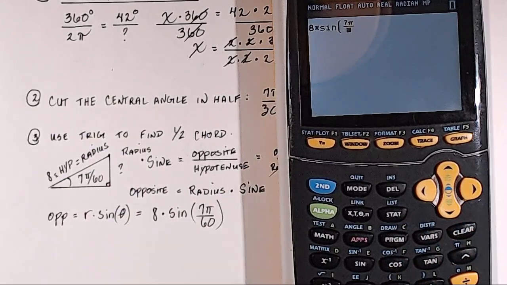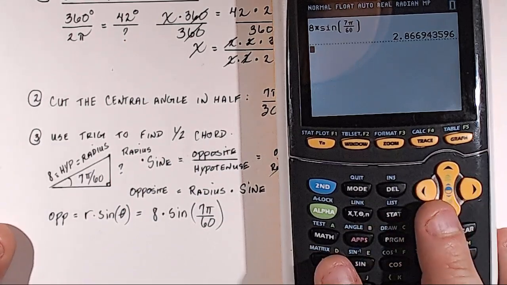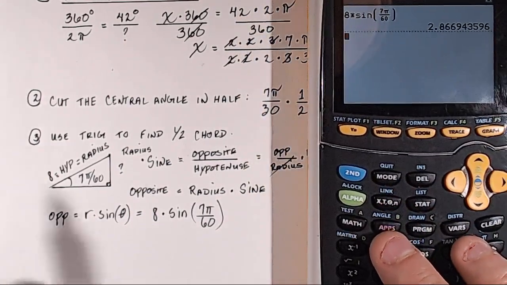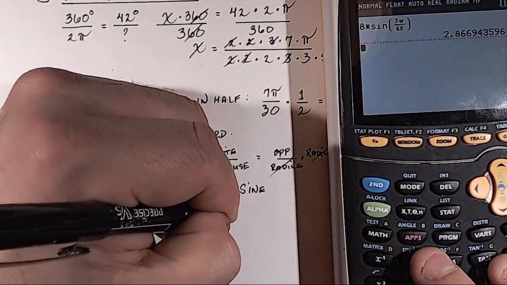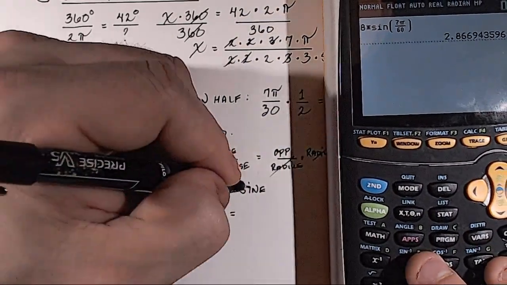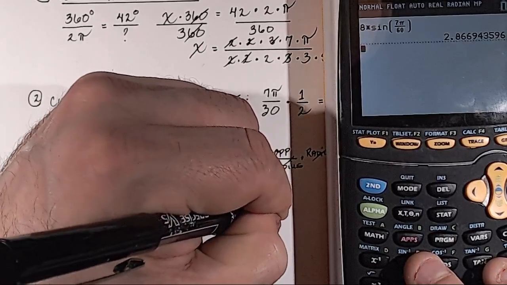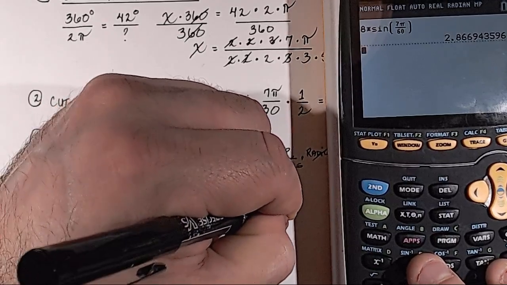Down arrow, put 60 in the denominator. Right arrow 1, close parentheses, hit enter. And you get 2.86694. We'll take this out 3 decimals, so we'll round that third decimal. 2.867.